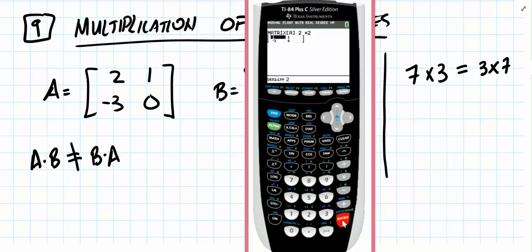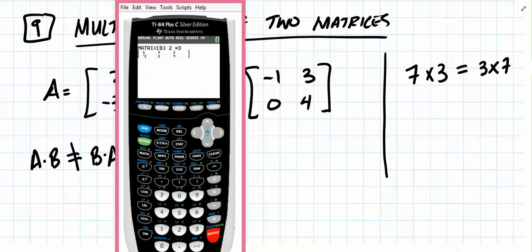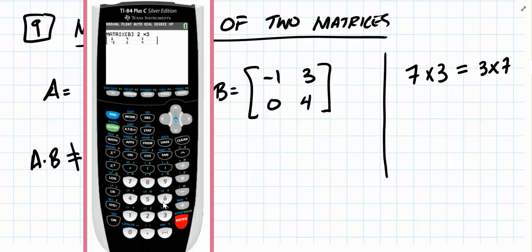Okay, and then go back to second matrix, and go to edit, and go to matrix B, and let's enter in matrix B, which is this one right here. So we'll say it's a 2 by 2, push enter, and it's negative 1, enter, 3, enter, 0, enter, and then 4, enter. Okay.